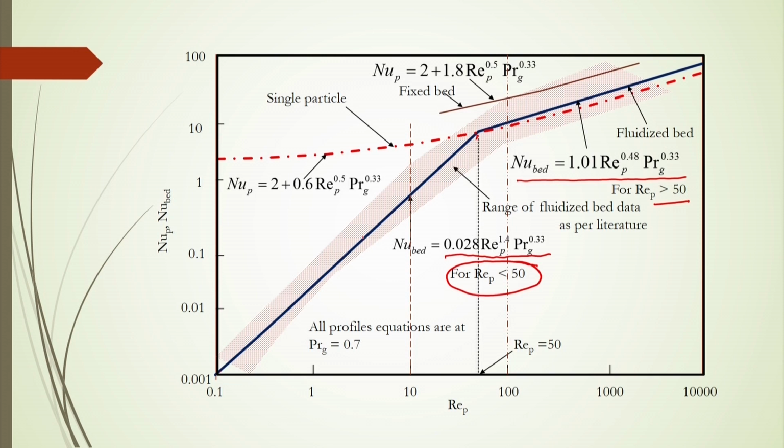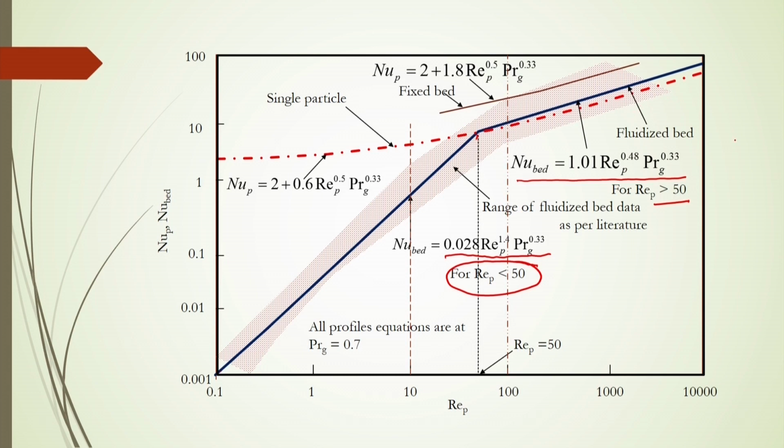Whereas, if the Reynolds number is greater than 50, you will see that the Nusselt number of the bed is a little bit higher than for the single particle, with all other constants kept the same.